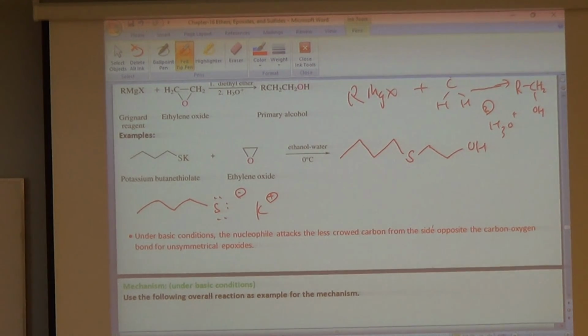If under acidic condition, you just do the opposite. And we'll see a few examples of the nucleophile attacking and opening the epoxide ring from the side that is a little more crowded.